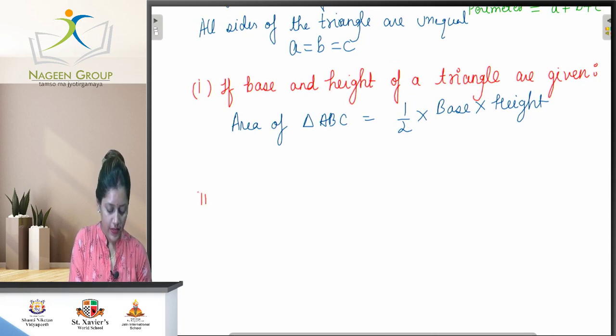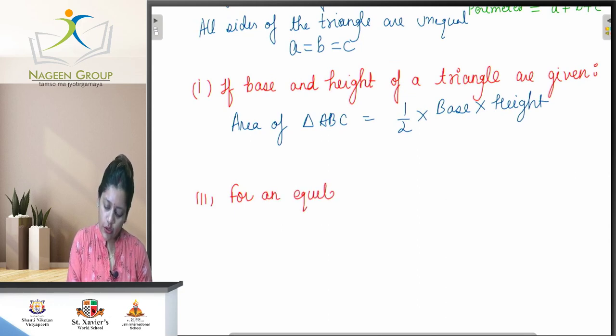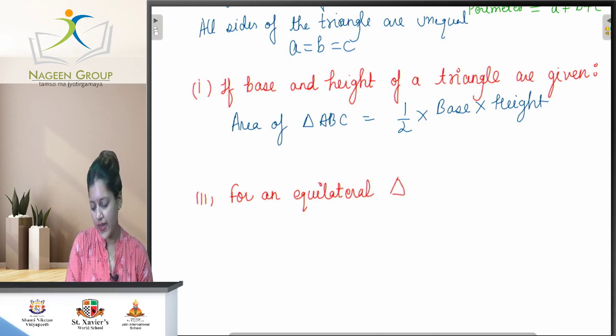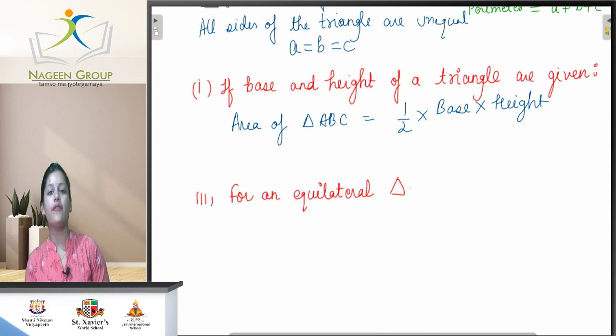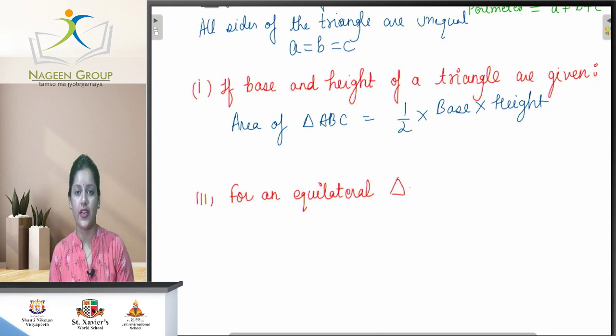Second, for an equilateral triangle. First you have to know what an equilateral triangle is. As you have studied in your previous class, there is no problem, I am going to tell you here only.